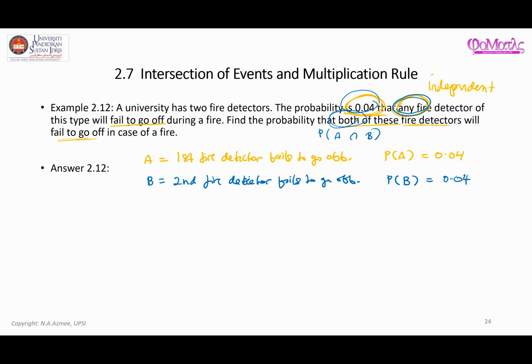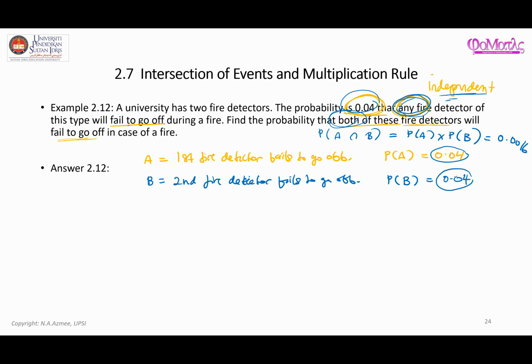The idea is simple because they are independent events. How do we know they are independent? Because the probability is the same and is not going to change regardless. So this is P(A) times P(B), which is 0.04 times 0.04, and the result is 0.0016. That's the probability of A and B happening together.